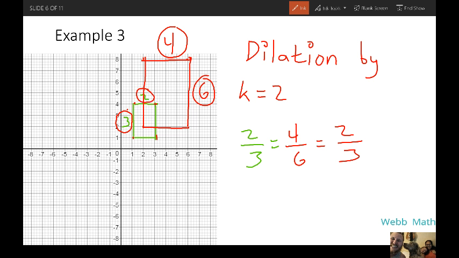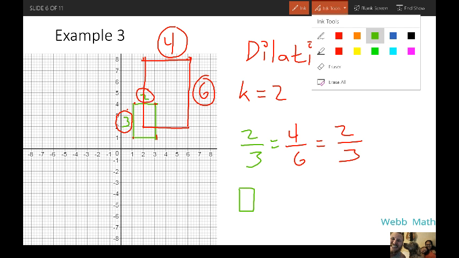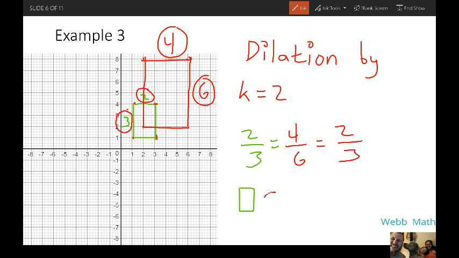So, in the end, you would just say that your green rectangle and your red rectangle are similar.